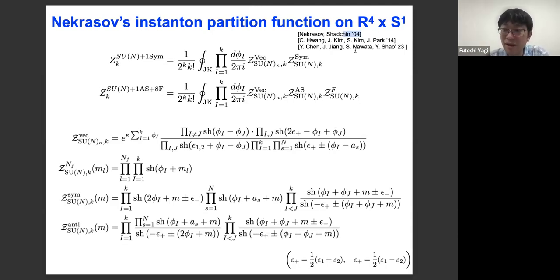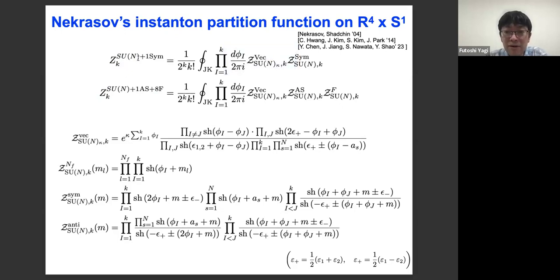I'm not listing all the papers. Nowadays, we know how to compute the Nekrasov partition function for SU with symmetric or SU with antisymmetric, and also for Sp or SO, although I'm not writing them. How we compute is basically to multiply the corresponding matter content in the integrand.